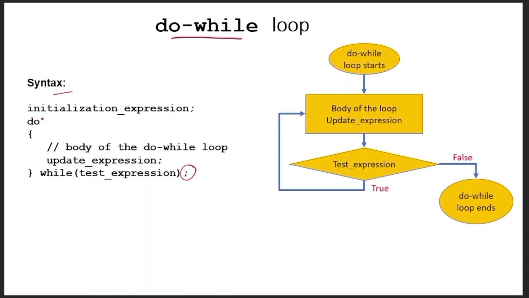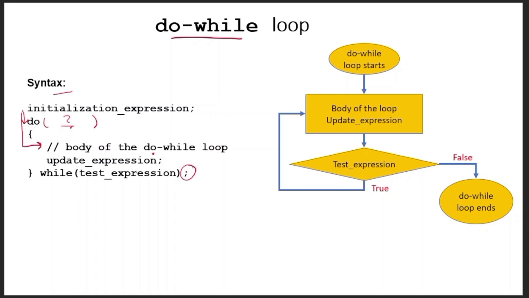Here what happens is there is no test expression given over here. So when the control of the program is traveling here, there is no expression to check. If there is no expression to check, it will simply enter the body of the loop.